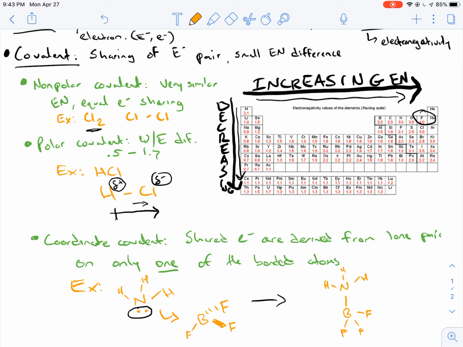So that would be the coordinate covalent bond, just because we have that lone pair right there. And that's the only lone pair. Boron doesn't have a lone pair on it, but we see it on the nitrogen over here. So that is why it's a coordinate covalent bond.